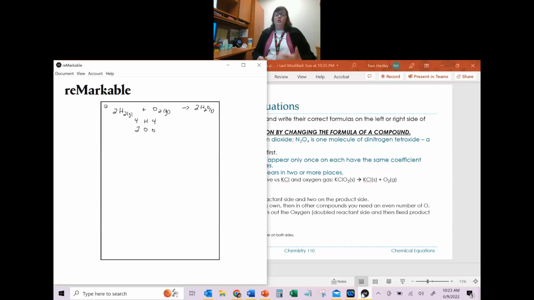That's a completely different compound. We cannot do that. The only way that we can balance is by putting numbers out in the front. The things in the equations with the subscripts are fixed based on the reaction that you're doing.